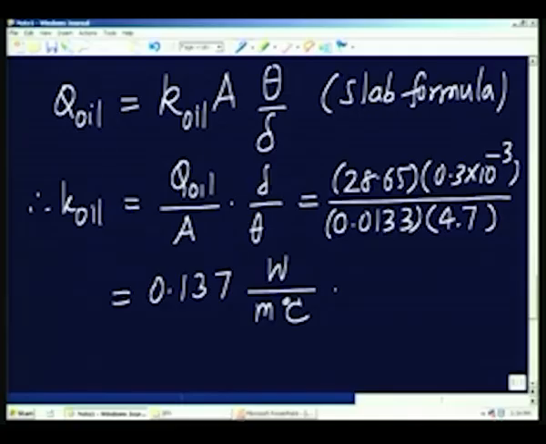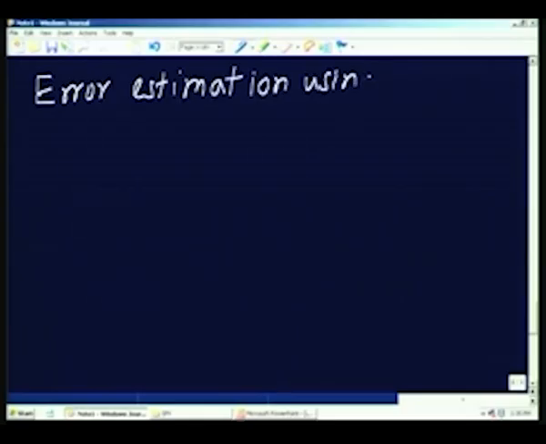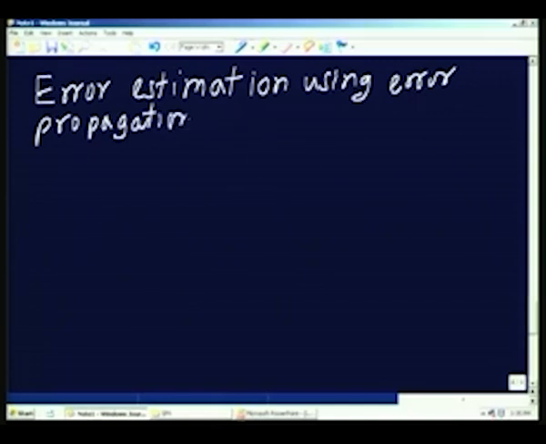The second part of the problem requires a calculation of the various uncertainties and the effect of these uncertainties on the value of K, which is determined here. So, for that, we have to do an error estimate using error propagation theory, which we already talked about in one of the earlier lectures.